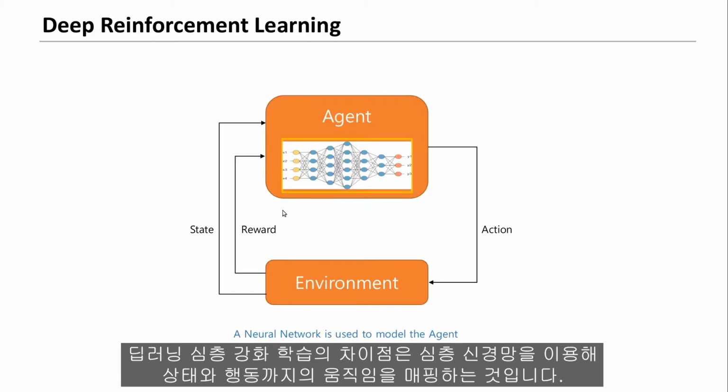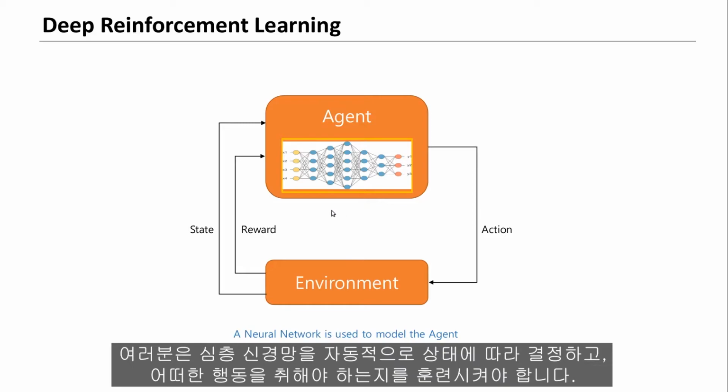The big difference regarding deep reinforcement learning is that you map the state into action using a deep neural network. So you train a deep neural network to learn automatically to decide, based on the state, which action the agent should choose.